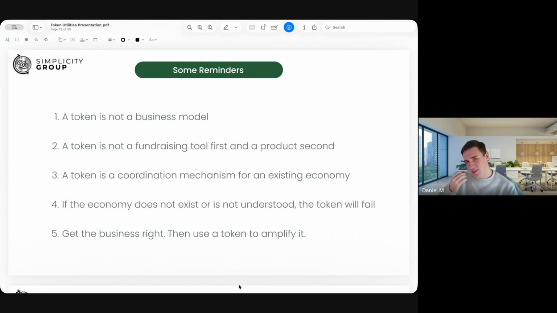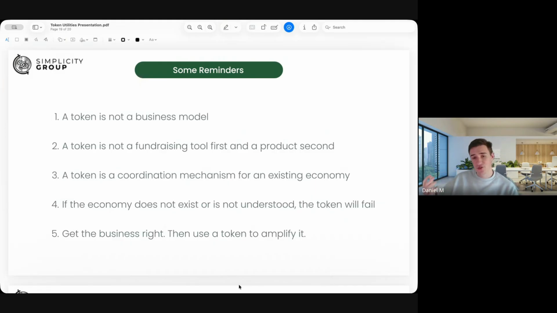A token is a coordination mechanism for an existing economy. So that sort of leans into the second point. And if an economy does not exist, or you don't understand it yet, the token will 100% fail. You need to understand what the economy is, again, the value flow and the users. And I know I'm going into this a lot and I've repeated that point a lot, but it's very important you get those fundamentals right.